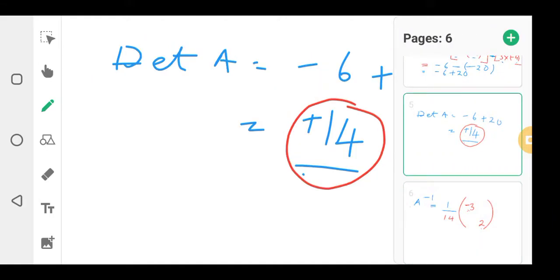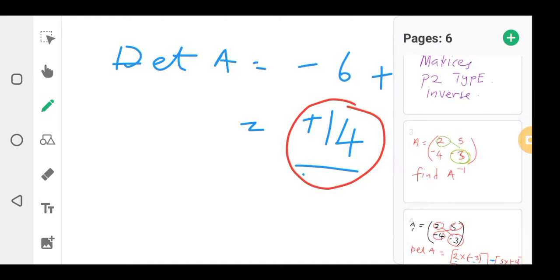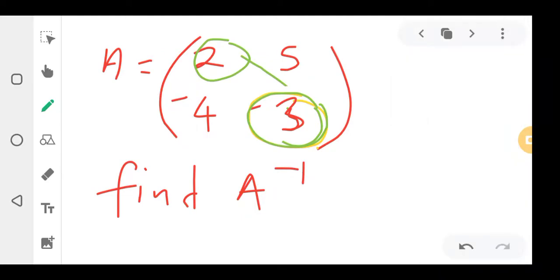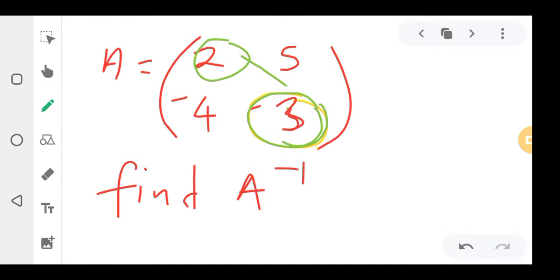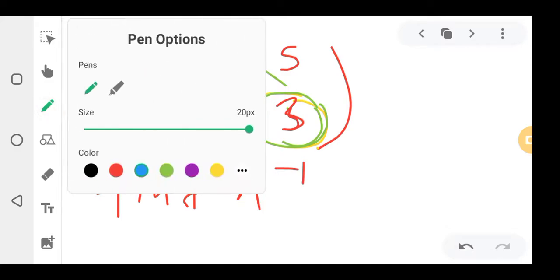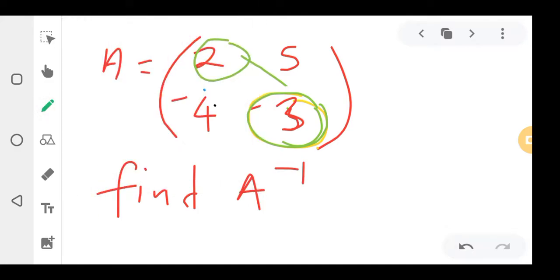And then when you are done, the second thing you do is these ones reverse signs. This one and that one. Okay? Negative 4 and 5.